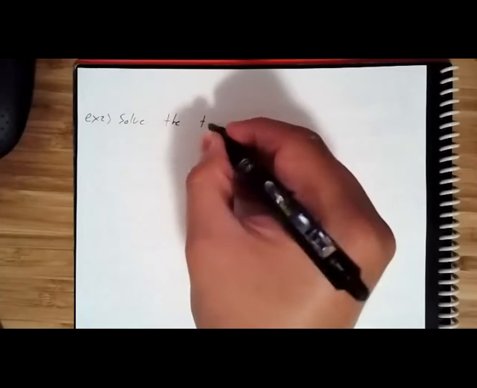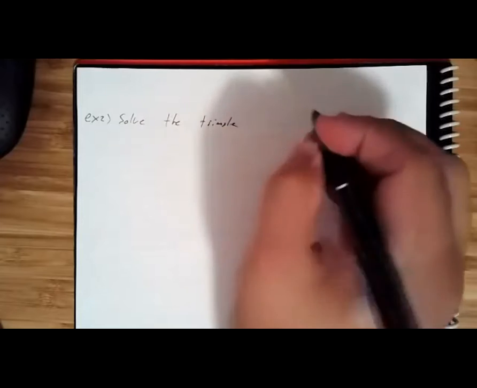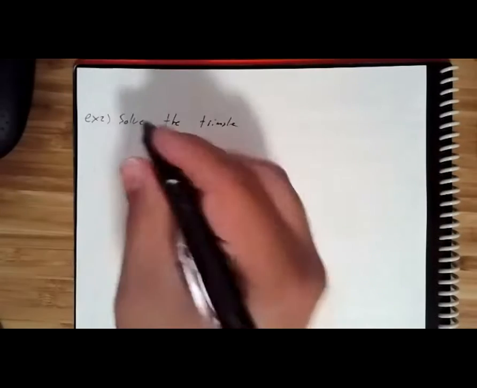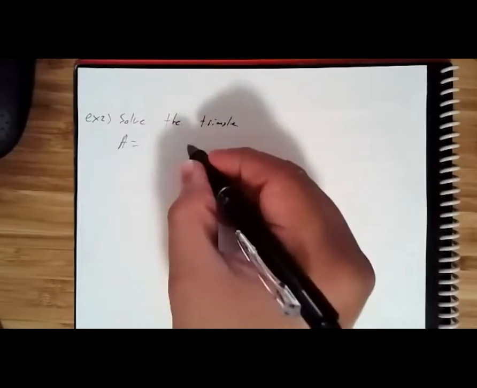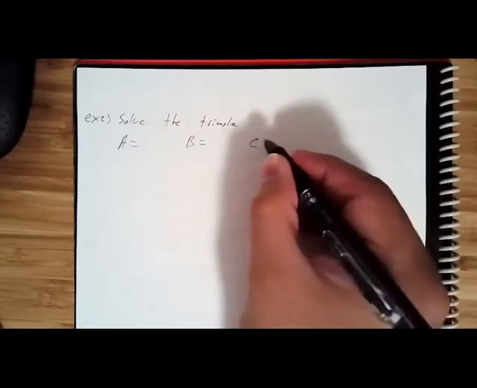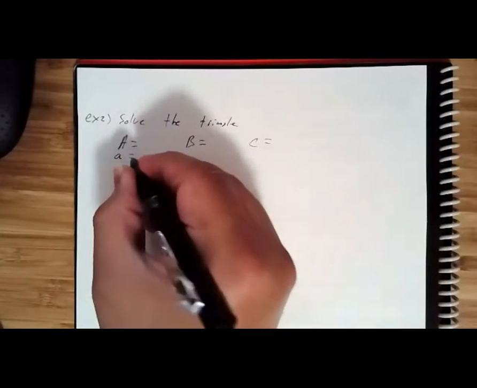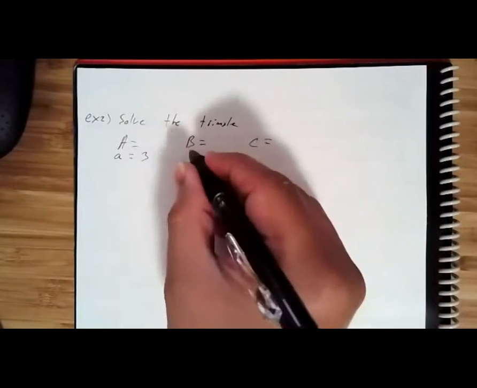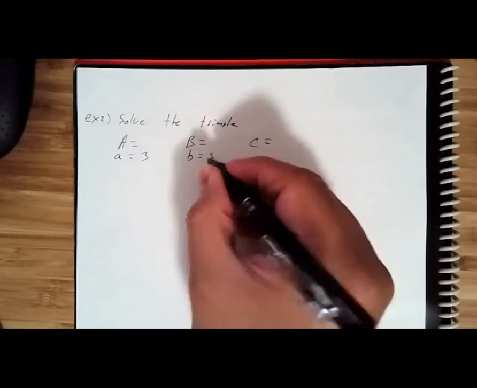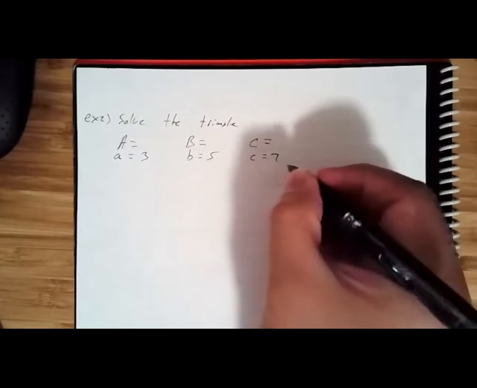Solve the triangle. I'm not going to give you a picture this time, it's just missing pieces. A is 3, B is 5, C is 7.